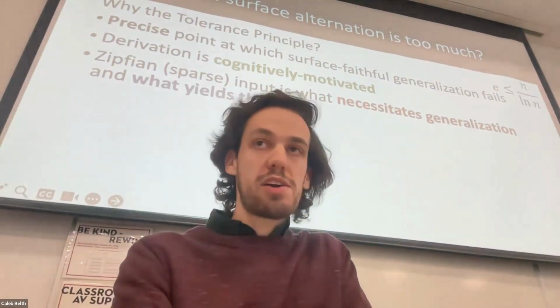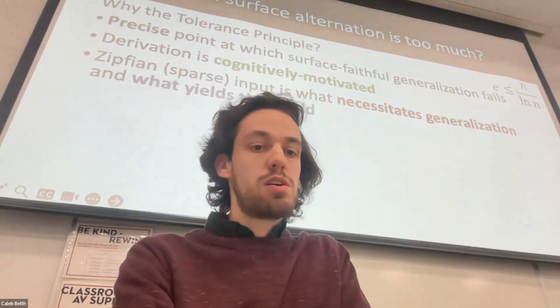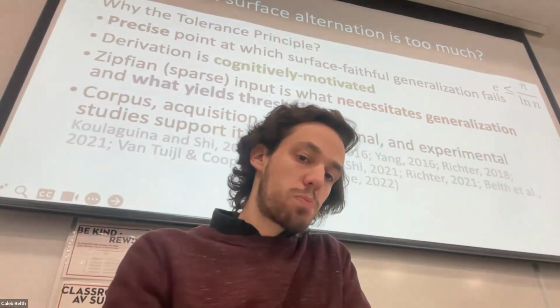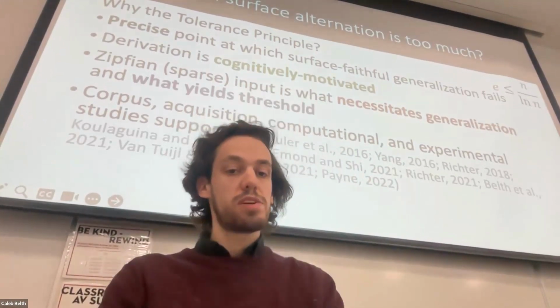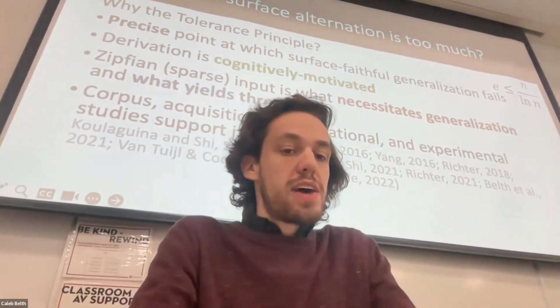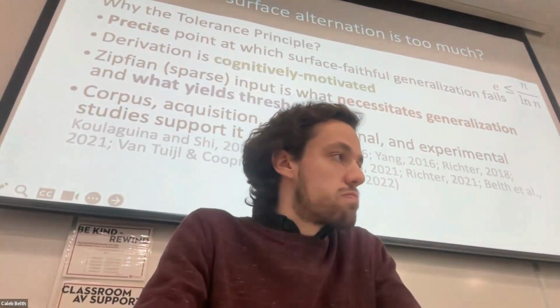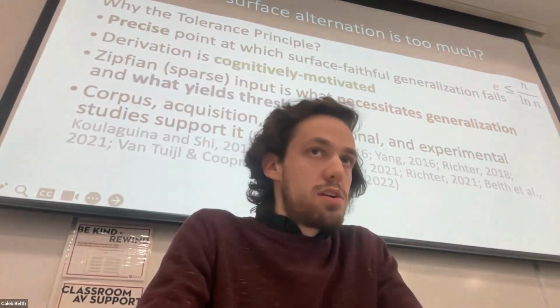So it's also grounded in the empirical conditions of acquisition. And then there's a whole bunch of corroborating studies, corpus studies, acquisition studies, computational and experimental studies that support this threshold. So I think it's reasonable to use.